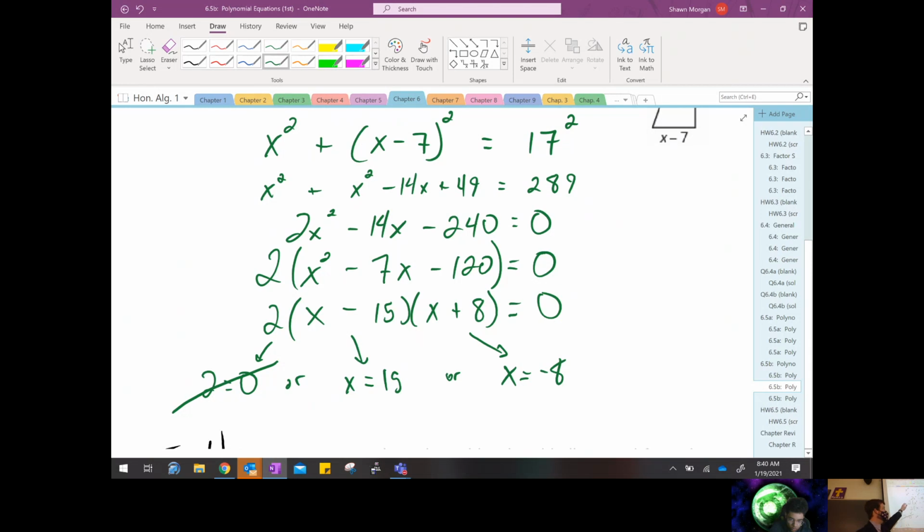If this GCF had been a variable, like x or something, then the original equation would have been 1 degree higher, and therefore it would have had one more solution. So suffice it to say, and I would write this down if I were you, that you can always divide away a constant GCF. You can get rid of it, throw it out. It's not the baby, it's the bathwater. Okay? But if you have a GCF with a variable in it, brother, don't throw that away.